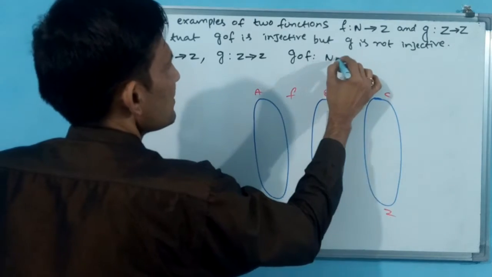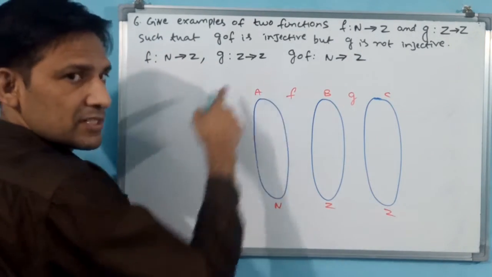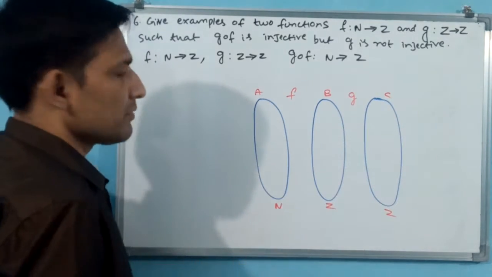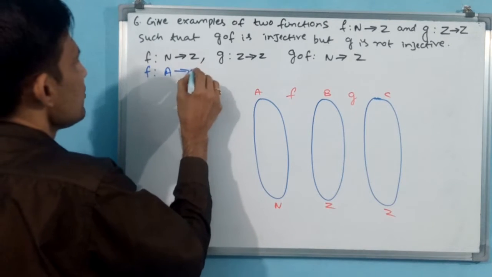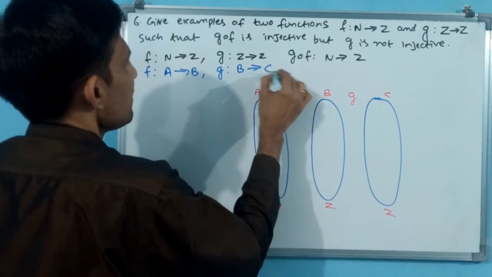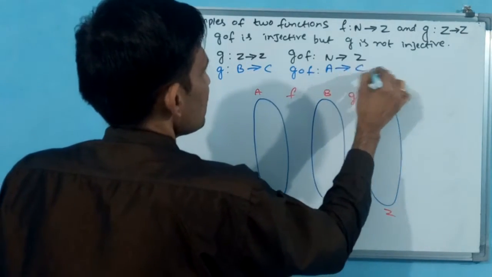GOF is from N to Z only, but N to Z means here two Z's are there. That is why you are going to get confused. What I am going to do here, see how I am changing it. F is from A to B, G is from B to C, for GOF, GOF from A to C.